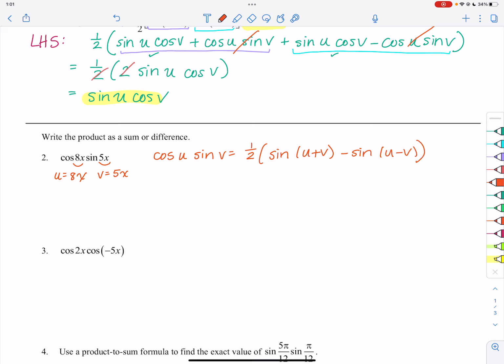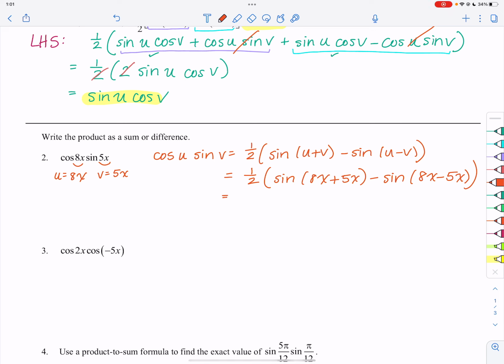Plugging our u and v in, we have 1/2 multiplied by the sine of 8x plus 5x minus the sine of 8x minus 5x.